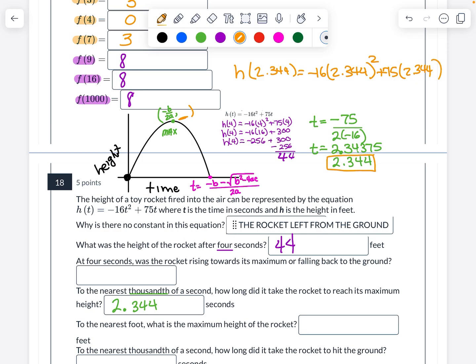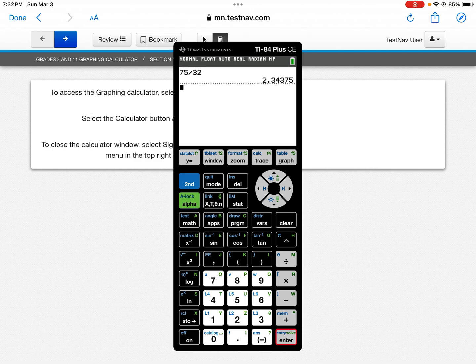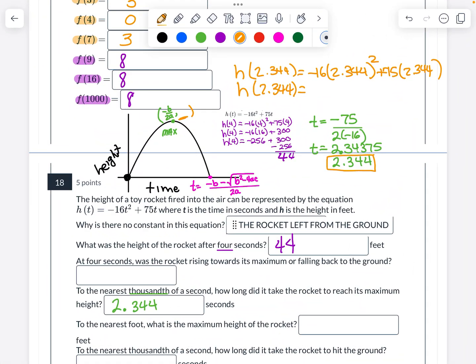Close it, enter. 87.89, so 88 feet. To the nearest foot, the maximum height is 88 feet.